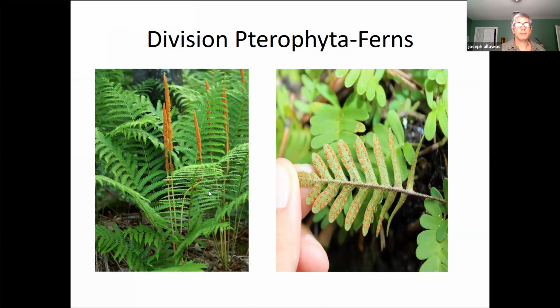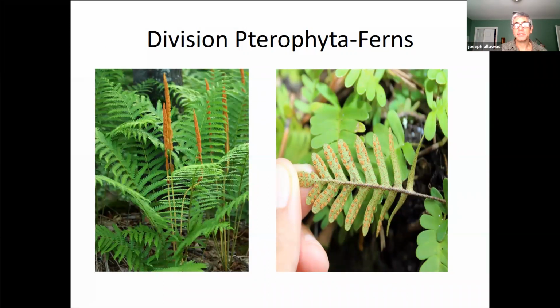But here again, now here's the thing. After the liverworts, after the non-vascular plants, we all of a sudden become sporophyte dominant. So I know it's confusing, but the green leafy part of a moss is a gametophyte. The green leafy part of a fern is a sporophyte.